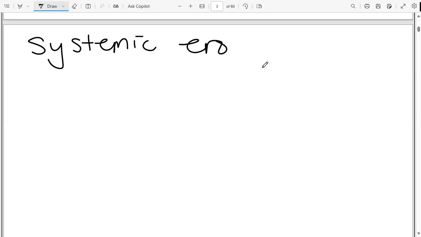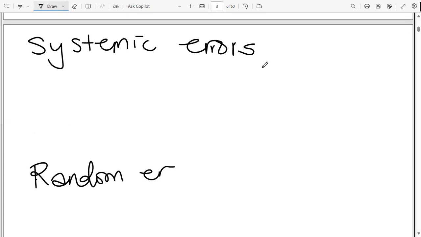Systemic errors, so this is double R. And we also have what we call random errors, like this. So in high school, I'm sure we already talked about the calculations of errors, where we talked about absolute error, percentage error, things like that.